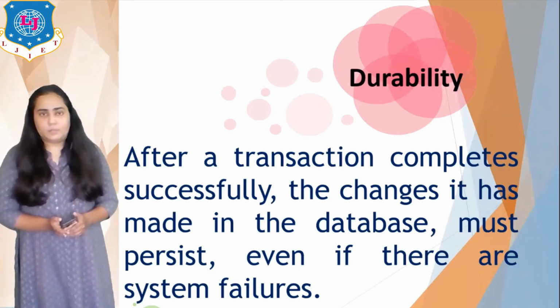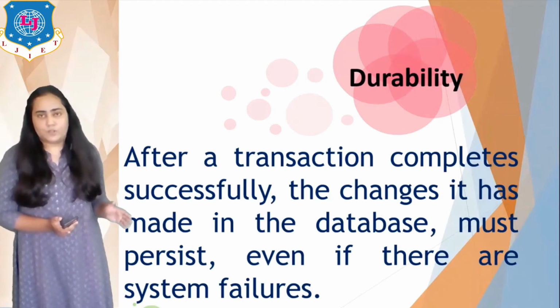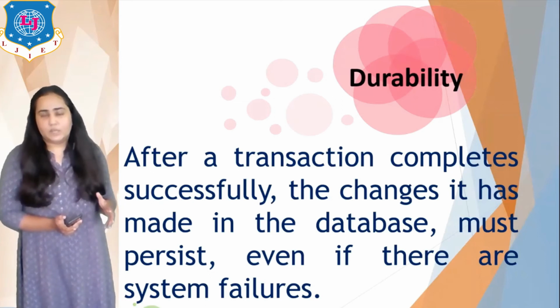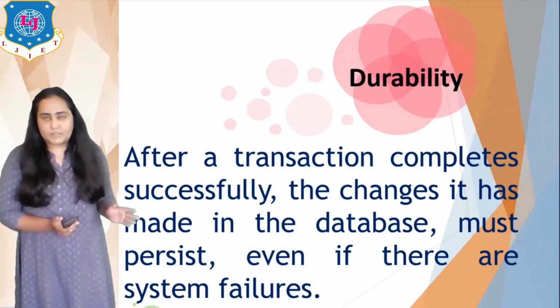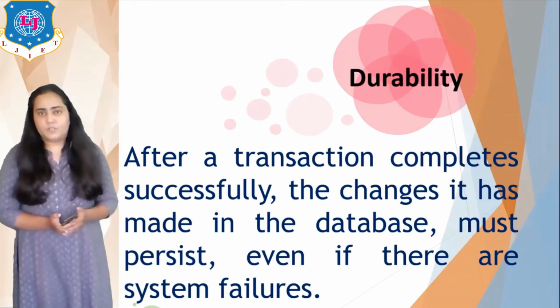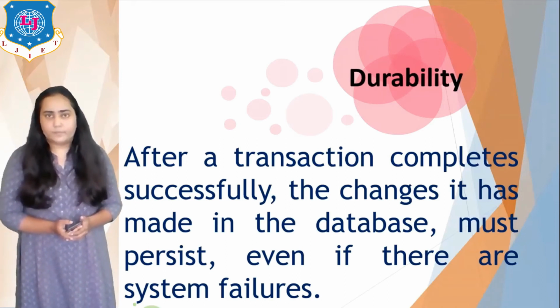Persist means must remain in the system even if there are any system failures. So even if there are failures, your data which was updated or inserted or deleted must not be lost. It should still be present in your system intact. And that is the property of durability.